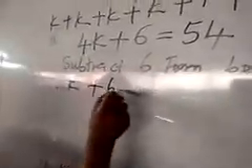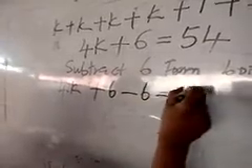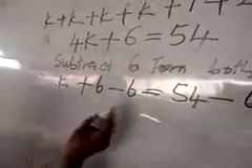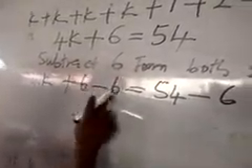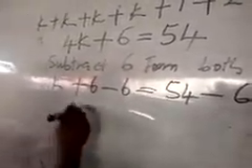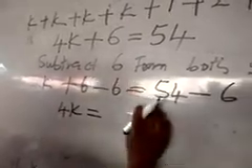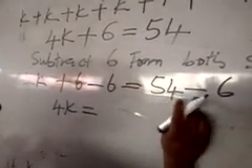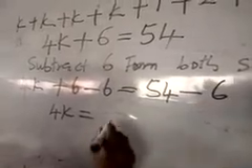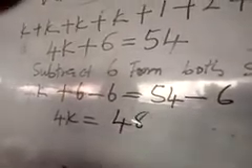You have what? 4K plus 6 minus 6 is equal to 54 minus 6. Now 4K plus 6 minus 6 will give you 4K is equal to 54 minus 6, which will give you 48.